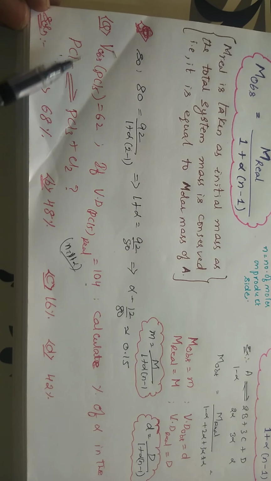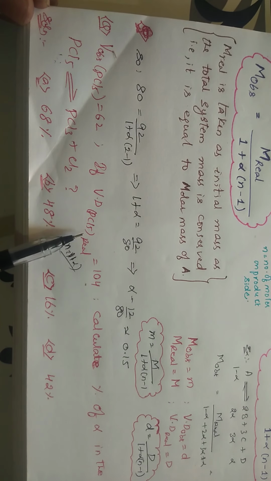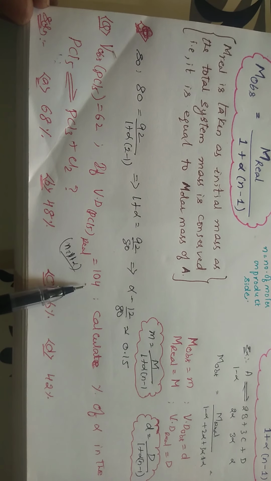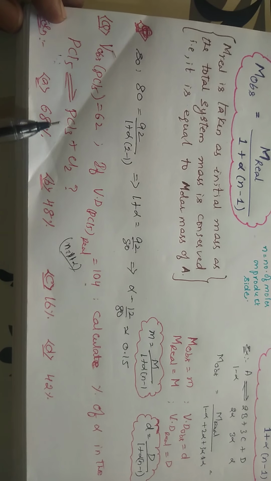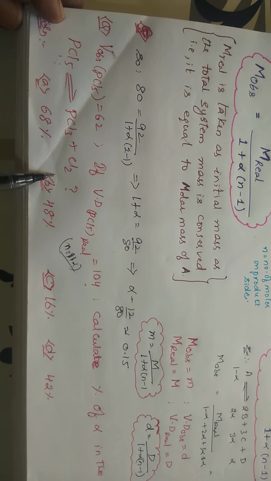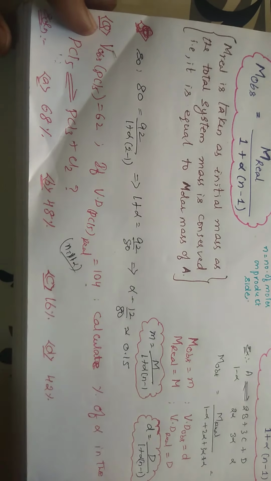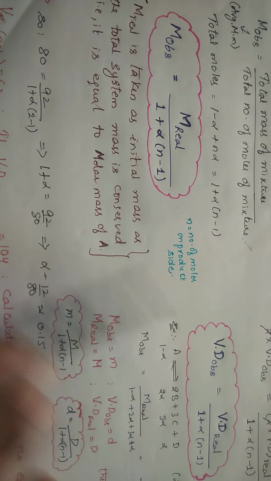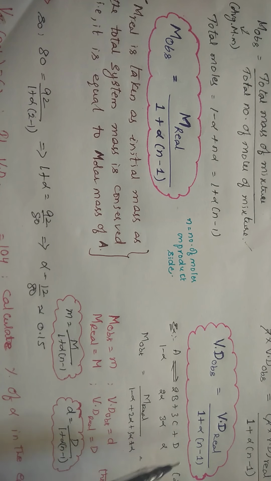The vapor density observed for PCl5 has been given as 62. The real vapor density of PCl5 has been given as 104. Calculate the percentage of alpha in the equilibrium of PCl5 with PCl3 plus Cl2. Okay students, I think you are getting this. In place of observed vapor density, you keep 62, and the real vapor density is 104, by 1 plus alpha into n minus 1.